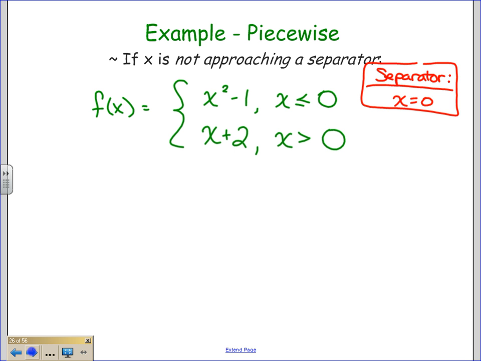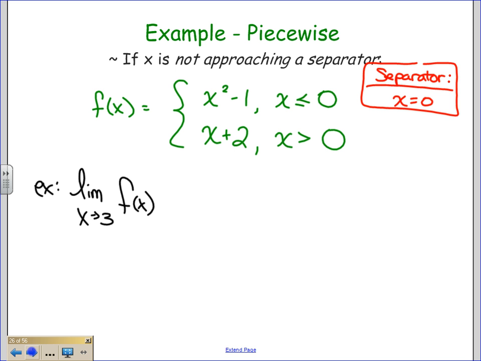But if I was to give you this problem, do I even need to worry about my separator and how it might be a problem or not? No, I'm approaching something that's not my separator, so I don't really care about whether or not the puzzle pieces go together at the boundaries.